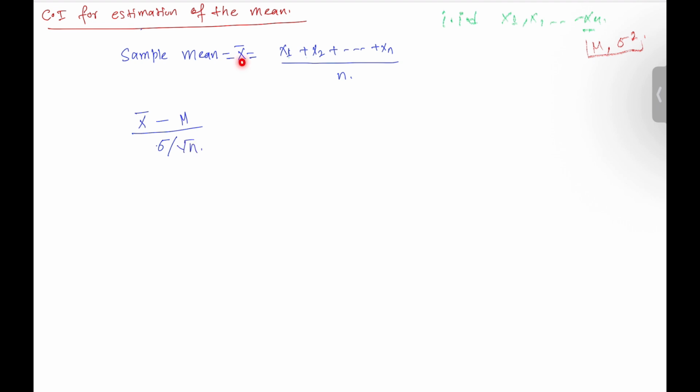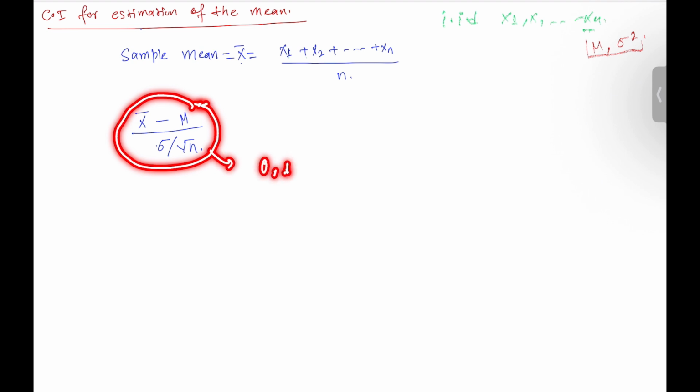Now this random variable is a standardized version of this random variable. Now we can make use of the central limit theorem, and we can say that this random variable will have an approximate distribution that will be a standard normal distribution.